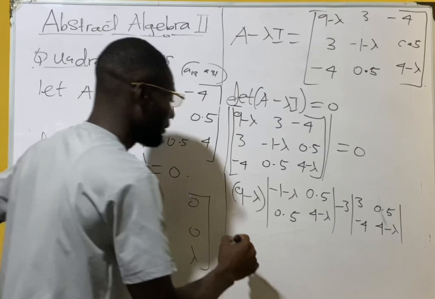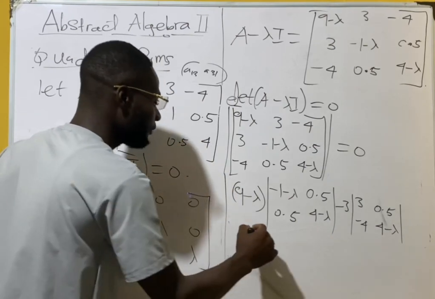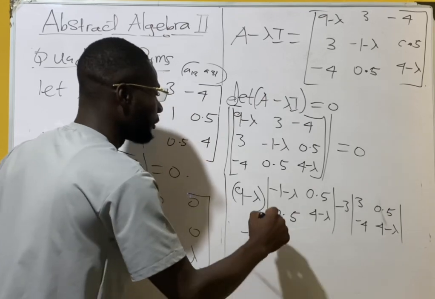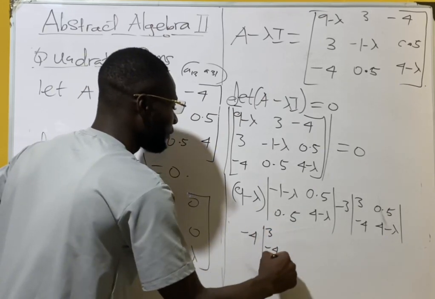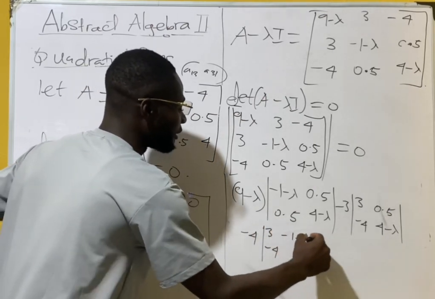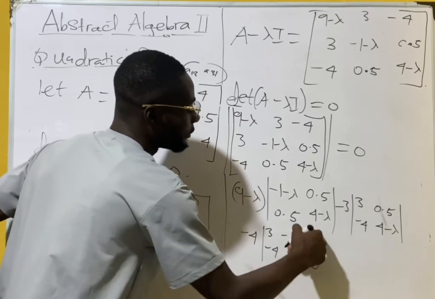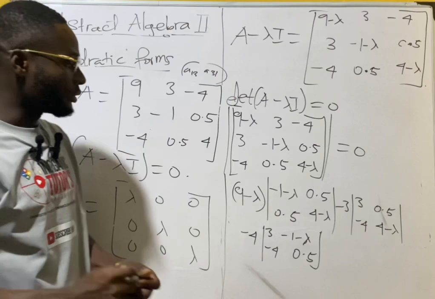Lambda plus negative 4 multiplied by 3, negative 4, negative 1 minus lambda, 0.5, right? So this is what we have.